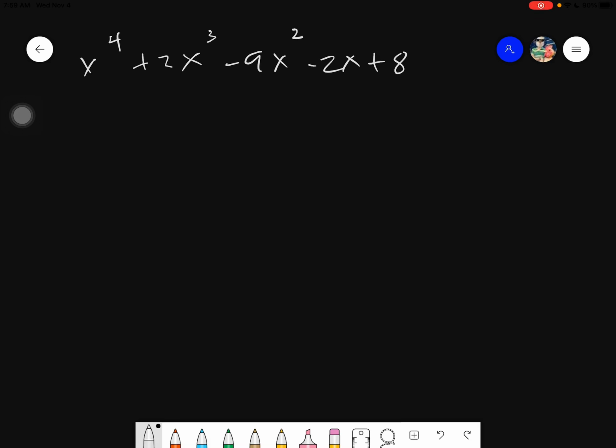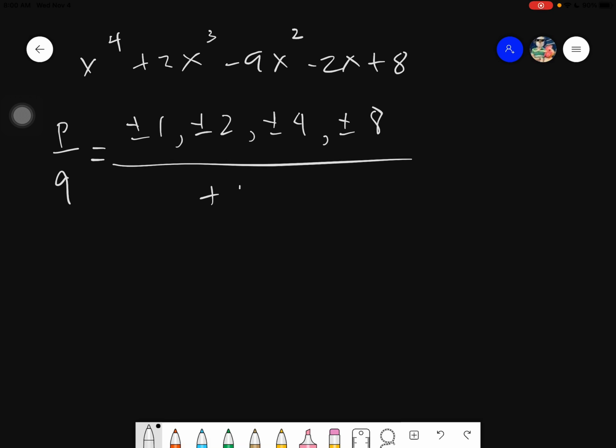It's a good thing that our given for the q is simply 1, because there's a 1 there. So our p over q will simply be plus minus 1, plus minus 2, plus minus 4, plus minus 8. Since q is just 1, that's all there is. So that would be plus minus 1, 2, 4, 5 is not possible, 6 not possible, 7 not possible, only 8.